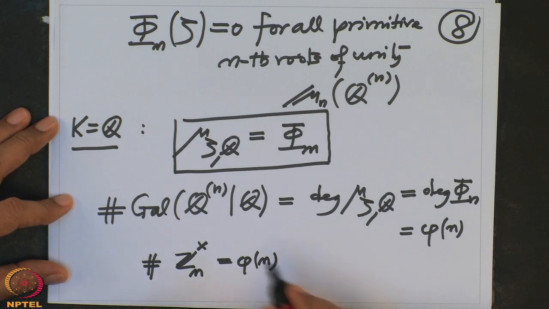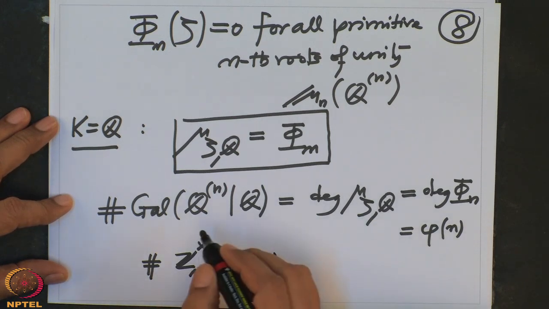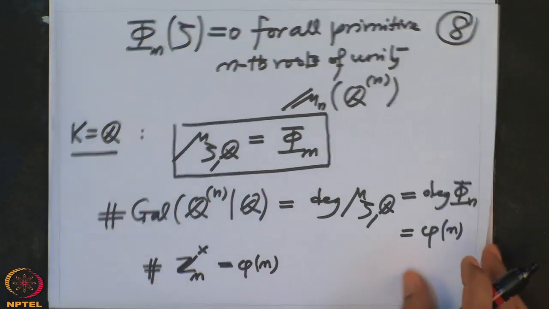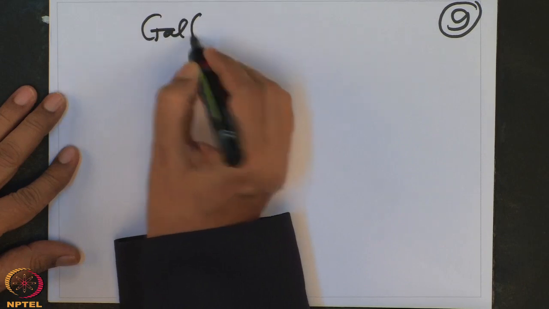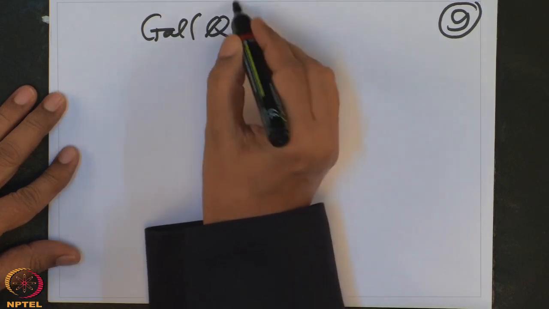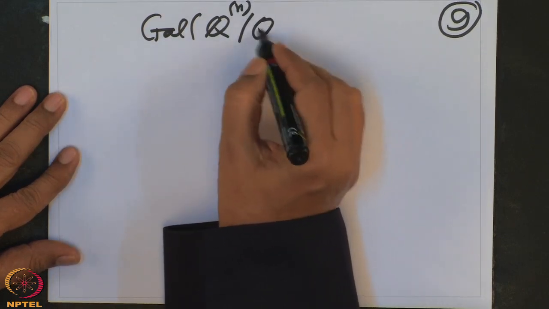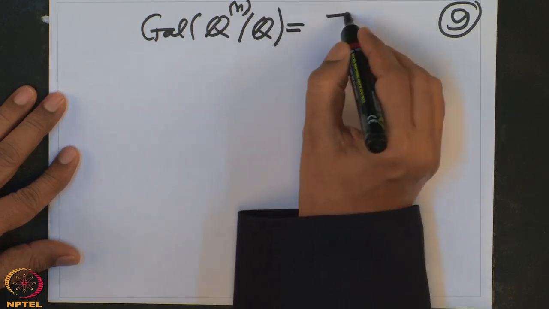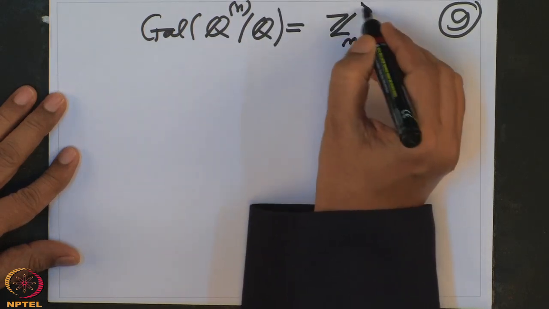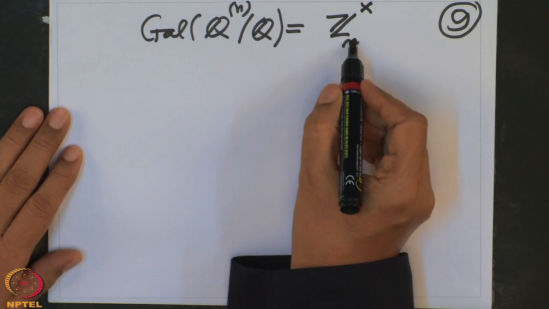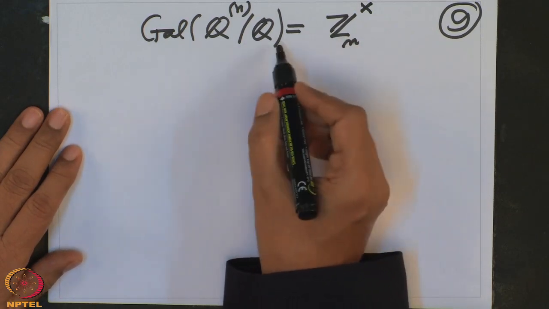So from this we already infer that the Galois group of Qn over Q is actually Z mod n cross, because it's a subgroup and the orders are the same, therefore it has to be equal.